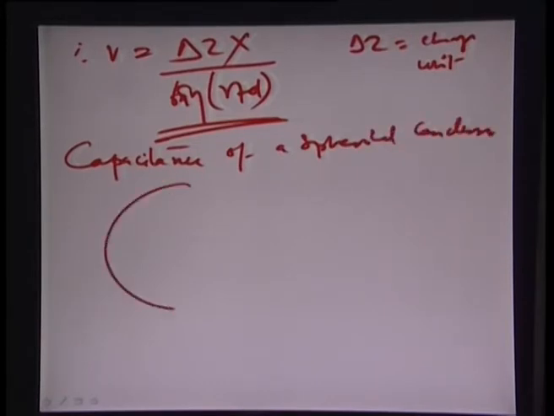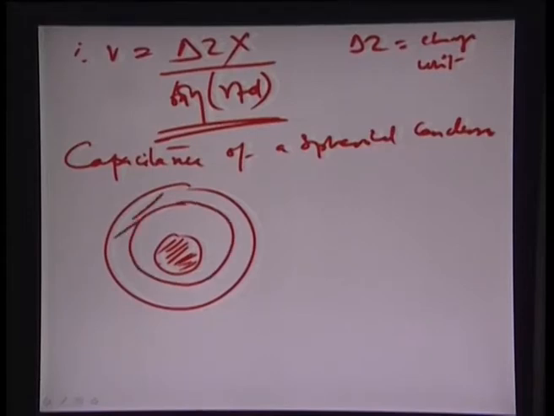So, let us suppose we have this case here where we have a central sphere and then there is a concentric sphere around this central sphere of the opposite charge, and let us also assume that we have two different radii here, A and B. B is the radius of the outer sphere on the inside, and A is the radius of the inner or the core sphere.